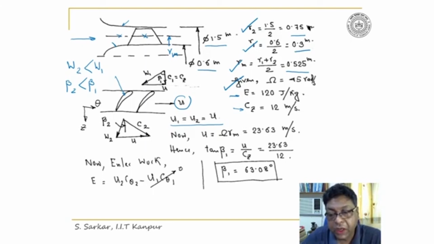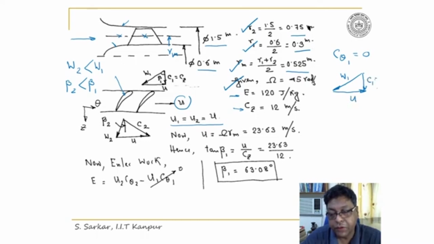Here, C theta 1, that is the swirl component at inlet, is equal to 0. Thus, let me draw the velocity triangle at inlet. This is W1. This will be U1 or U. This is equal to Cz. So this is W1, U, and this is C1.